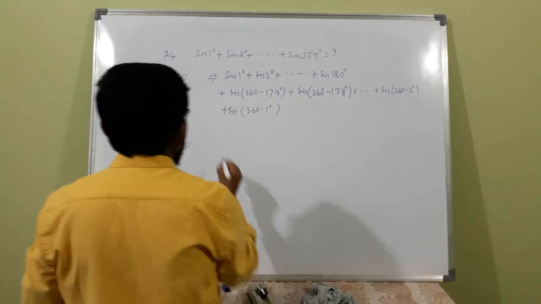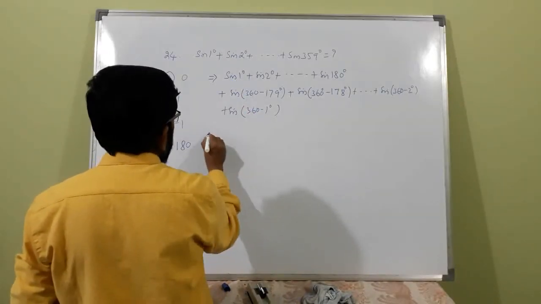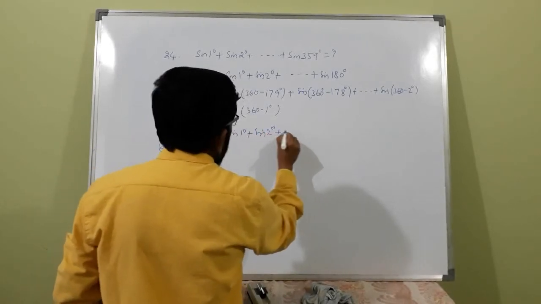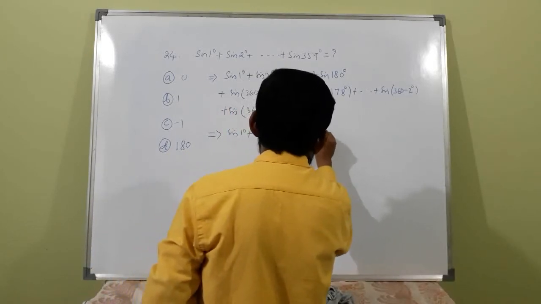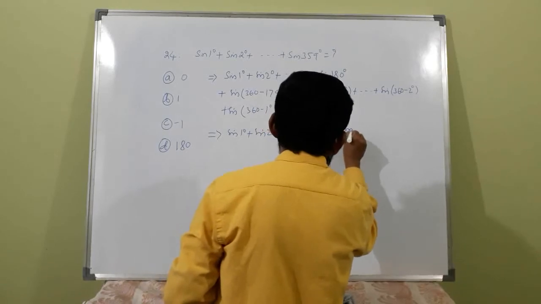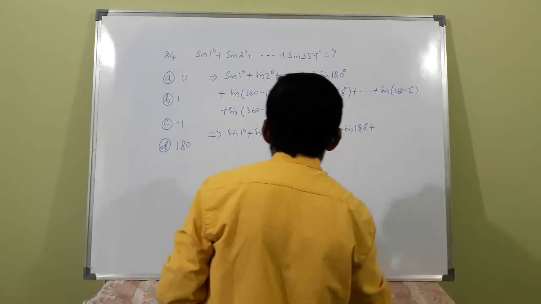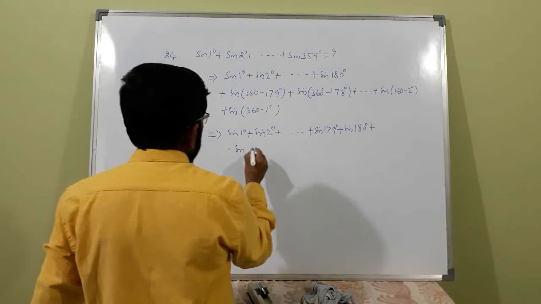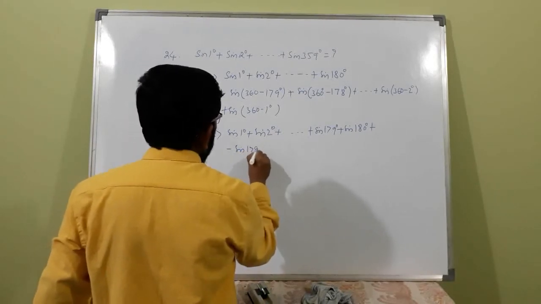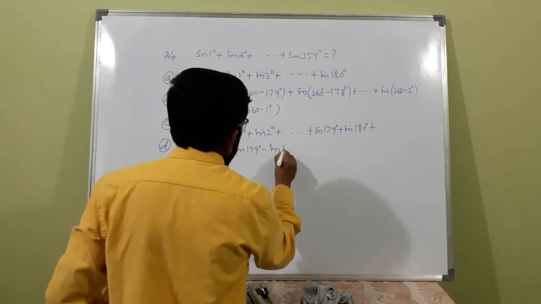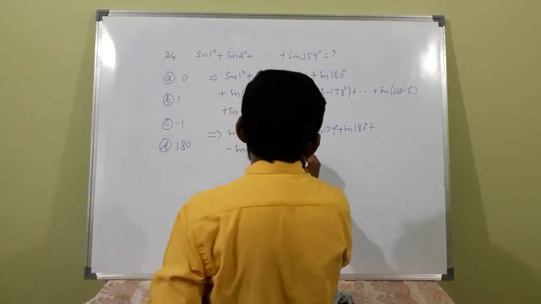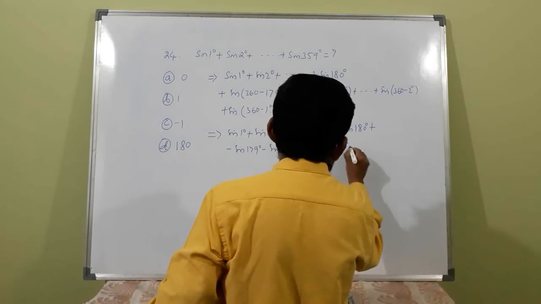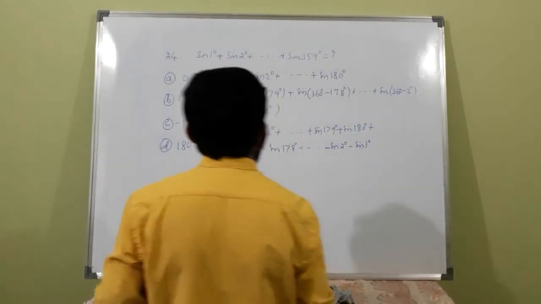Here sin 1 degree, sin 2 degree, plus sin 179 degree, sin 180 degree, plus this is 360 minus theta, fourth quadrant, so minus sin 179 degree, minus sin 178 degree, so on up to minus sin 2 degree, minus sin 1 degree.